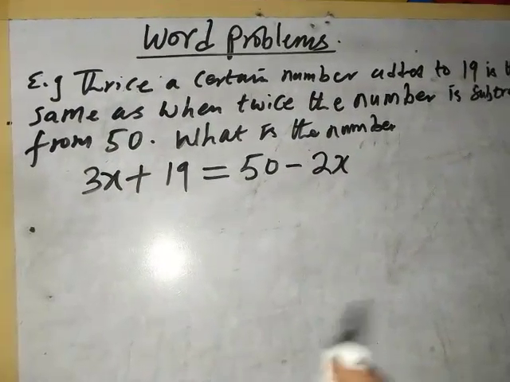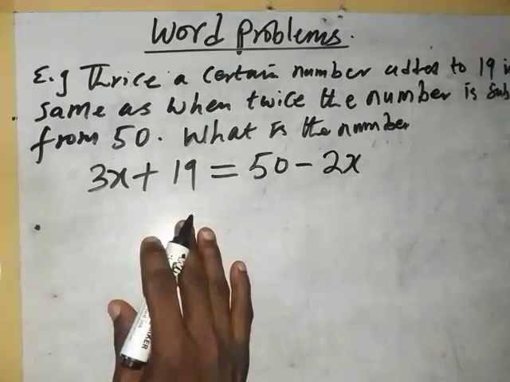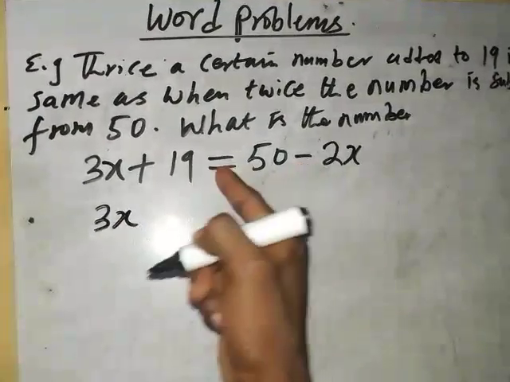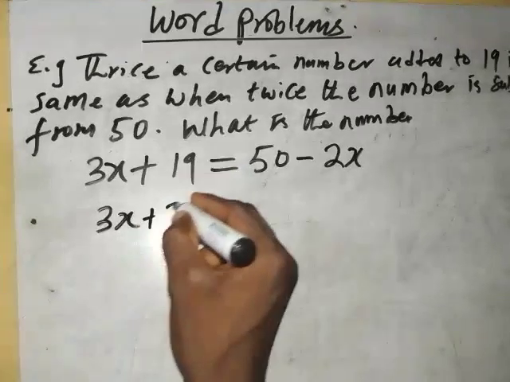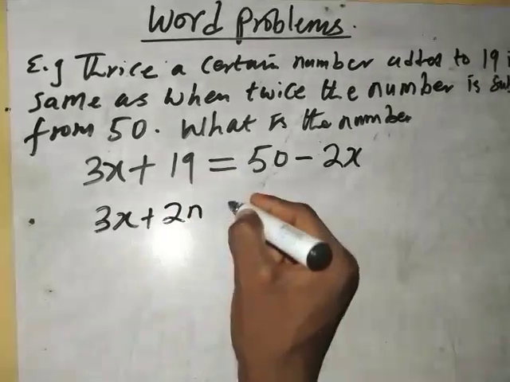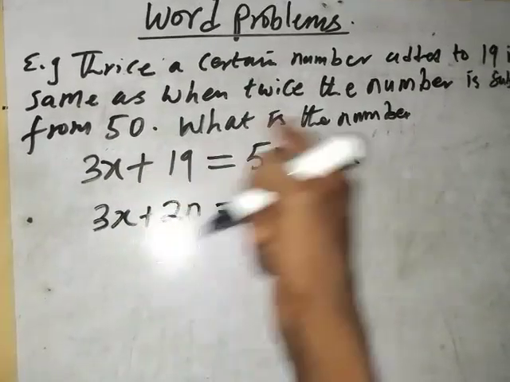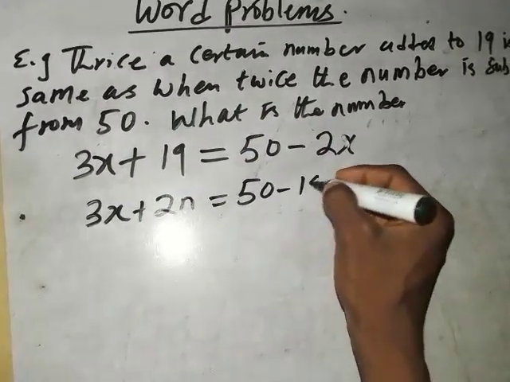So can we collect like terms? 3x, when minus 2x crosses over, we have plus 2x equal to 50. When plus 19 goes over, we're going to have minus 19.